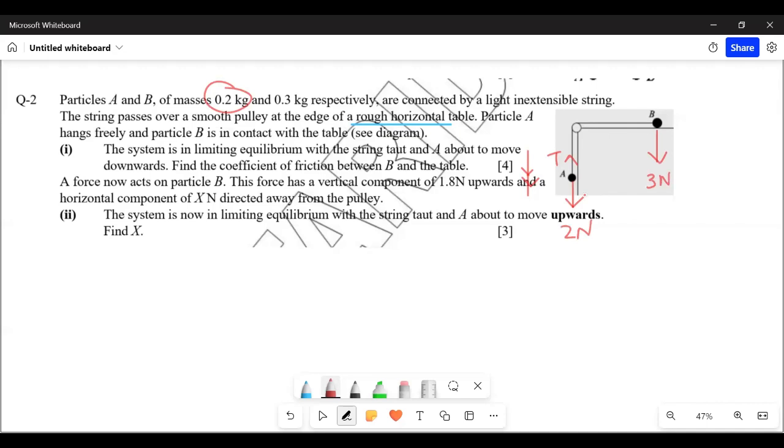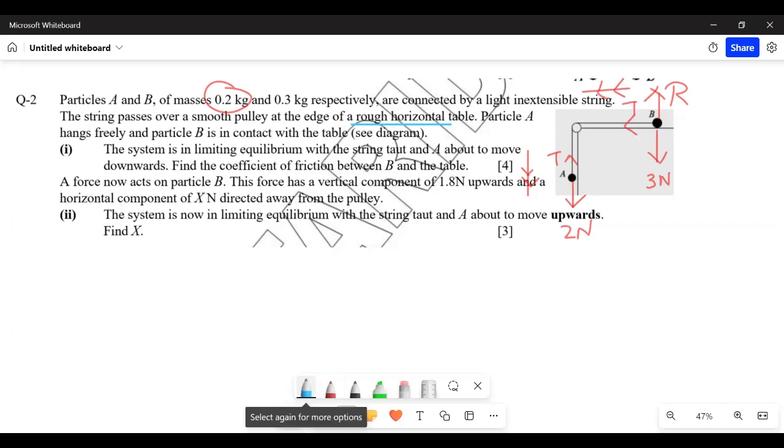Upward pointing is going to be the normal contact force R. Towards the left is going to be the tension. And since the movement is going to be towards the left as A goes down, then in the opposite direction there's going to be friction, because we were told that the table is rough. So this is going to be mu R, friction. We have to find this mu, the coefficient of friction.